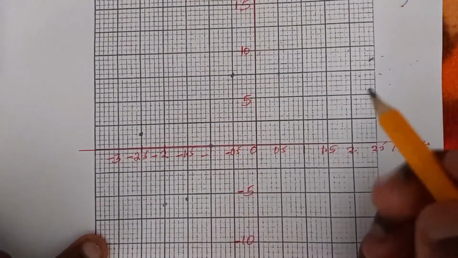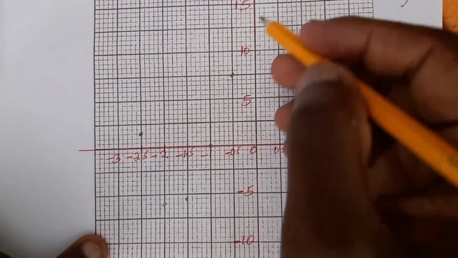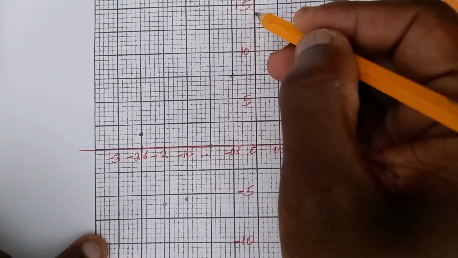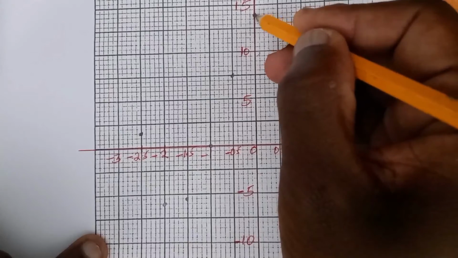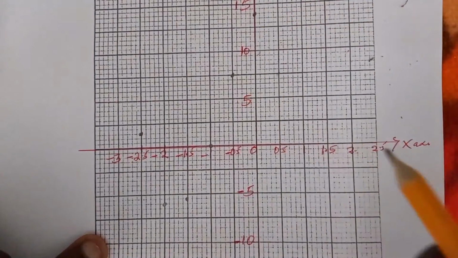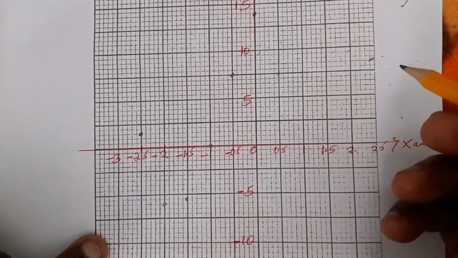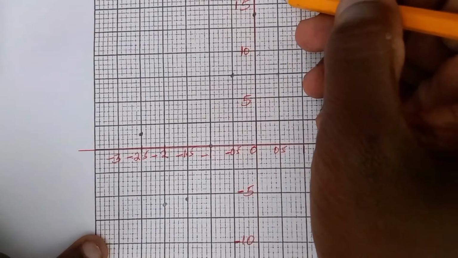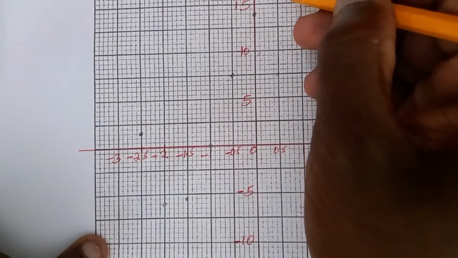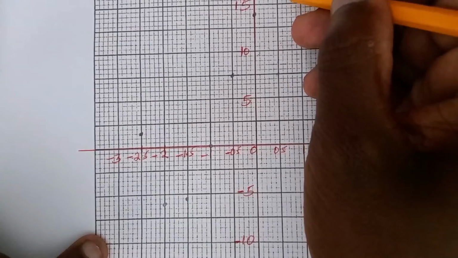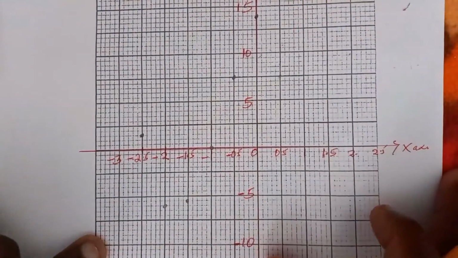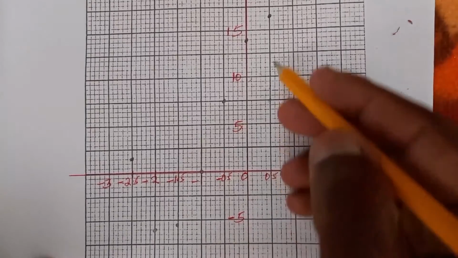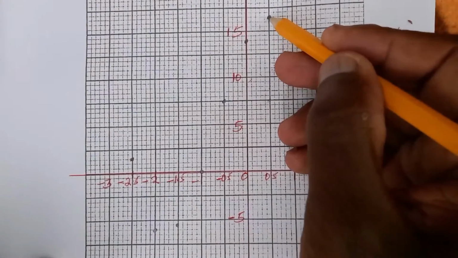Then 0, 14. So 14 is here. Then the other one is 0.5, 16.5. So here we have 16, and 16.5 is here.